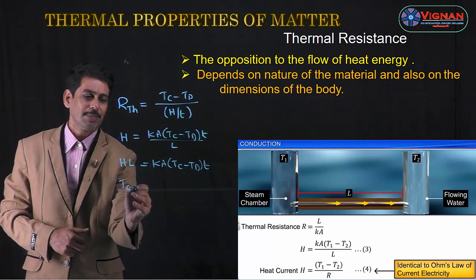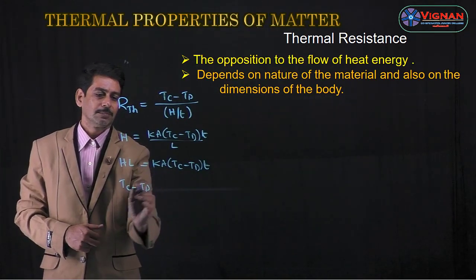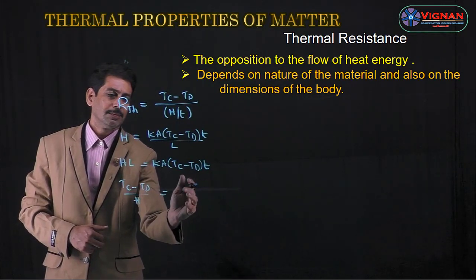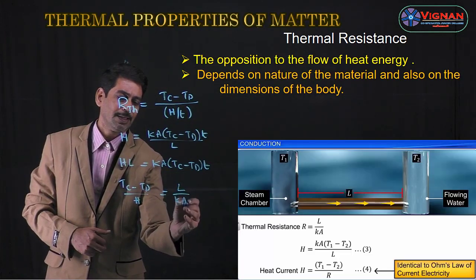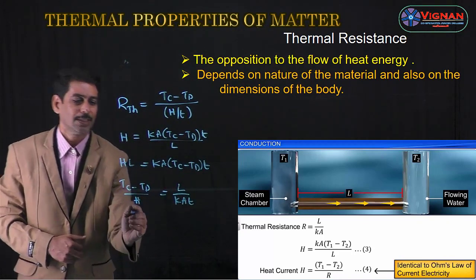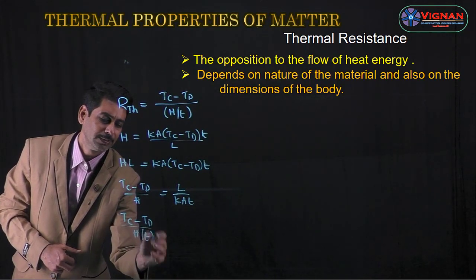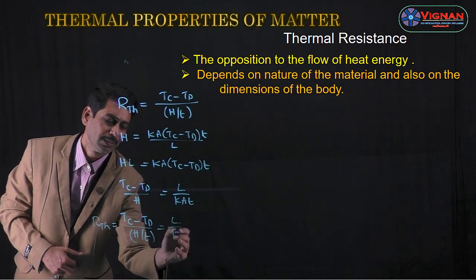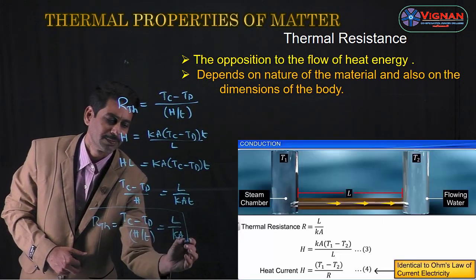So TC minus TD by H is equal to, taking H to that side, L by Ka into T, and if we bring T to that side as well, then (TC minus TD) by (H by T), which is nothing but RTH, is equal to L by Ka. So this is the formula for thermal resistance.